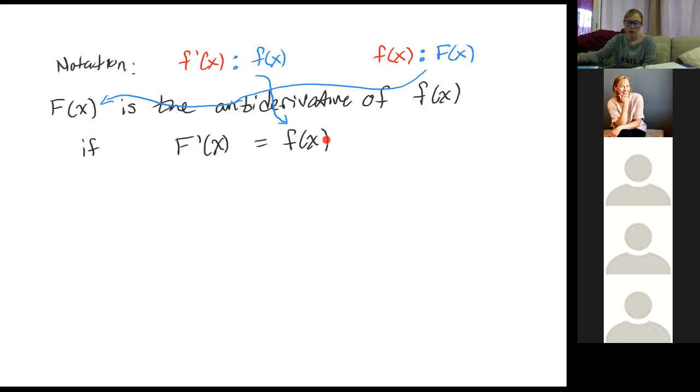If I am asked, and if I want to notate that my goal is to find this antiderivative, then I'm going to use the following notation. I'm going to use this elongated S symbol, and we'll talk later on about why we use that symbol.